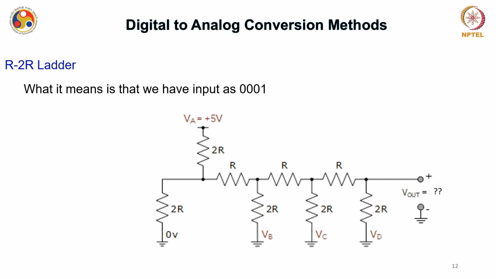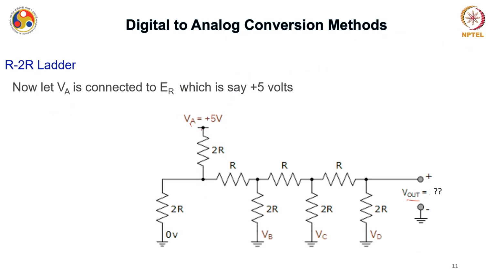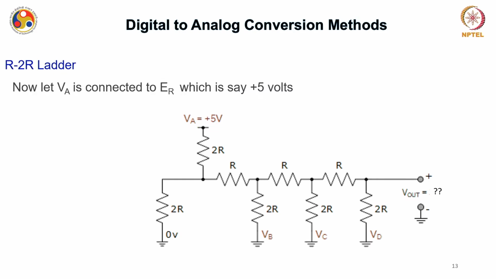When I say this as 1, what I mean is that I am applying 0 0 0 1 as input, because I have mentioned earlier that this VA is basically representing the LSB and VD is representing the MSB. So, when I have VA connected to ER or the reference voltage, here a 5 volt, let us see what will be the output. It also means that I am applying digital input as 0 0 0 1.